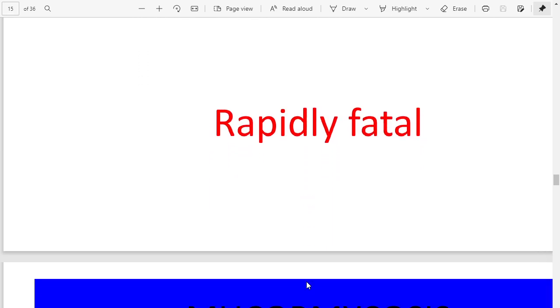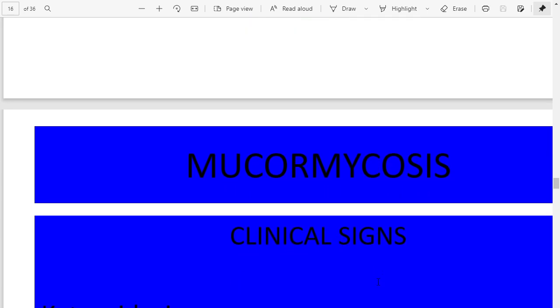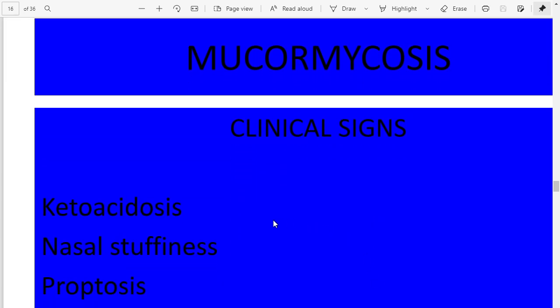It is rapidly fatal because of massive necrosis of blood vessels as well as the bones as well as the soft tissue structure, massive damage to the tissue causing death of the person because it is in a dangerous area near the brain. Mucormycosis as a clinical sign starts with the signs of uncontrolled diabetes, that is to say ketoacidosis.